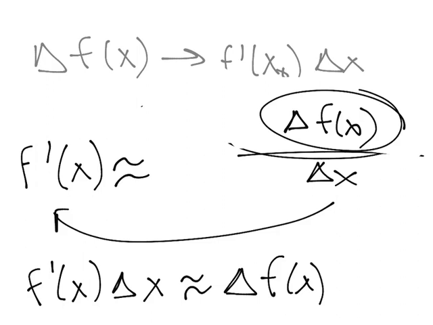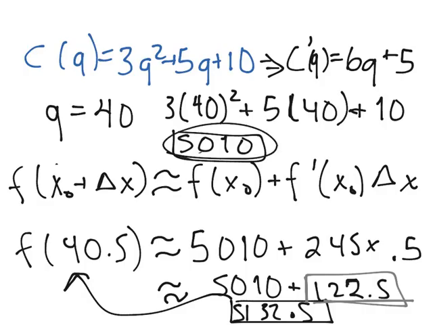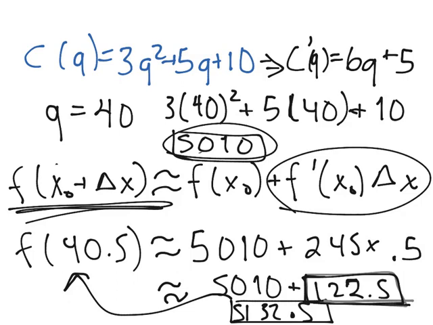And so we actually didn't need to find f of x naught in the first place, but it was in case you also wanted to find what the function would be at 40.5. But since we were only asked for the change, this was enough, and it's 122.5.